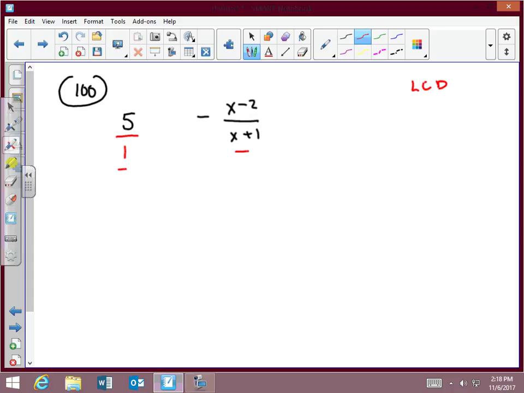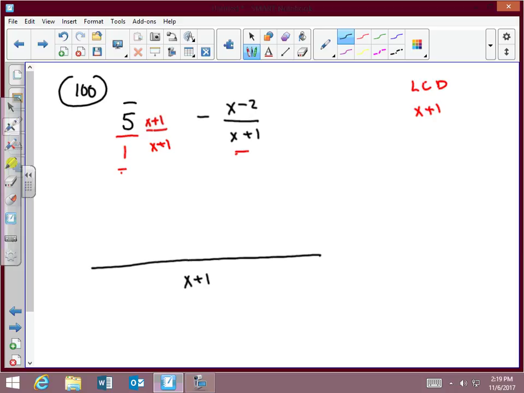Well, 1 doesn't mean anything in least common denominator. But this says that x plus 1 must be in the denominator. Well, look, here it isn't there. So you need an x plus 1, and that means you need an x plus 1 over x plus 1. This one has the denominator. So now both denominators are x plus 1.